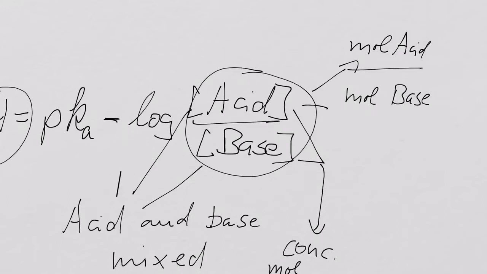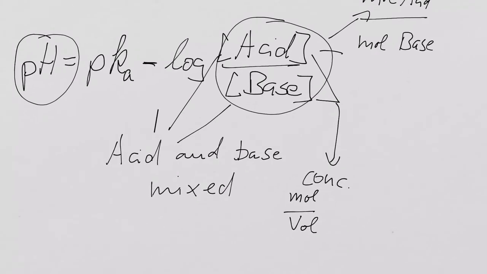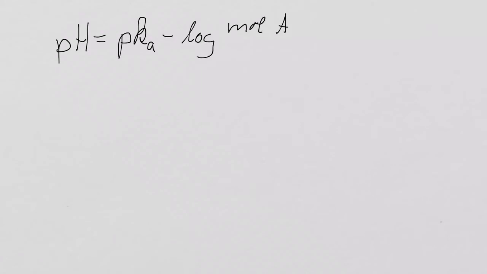Okay? So, why is it called a buffer? Well, let's see what it does. pH equals pKa minus log mole acid over mole base.